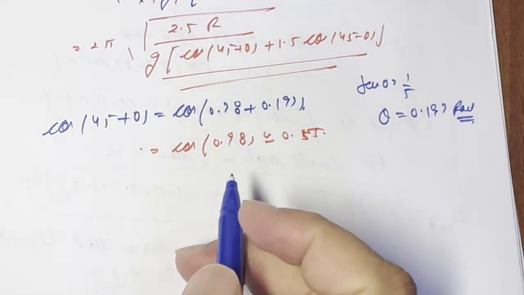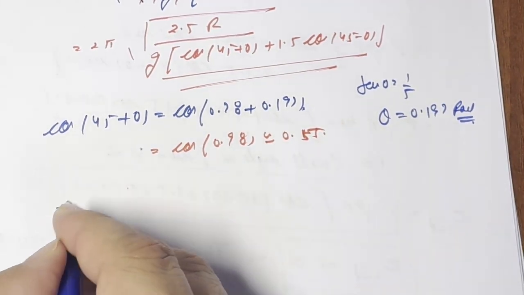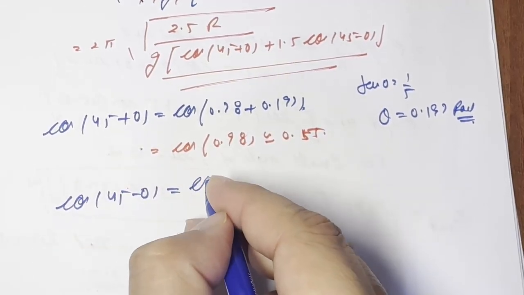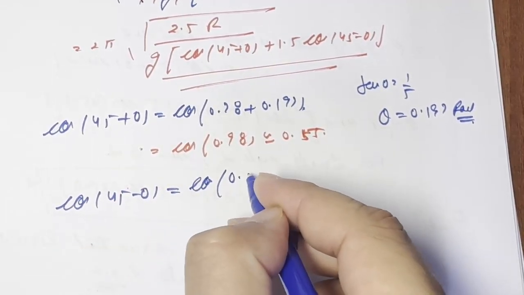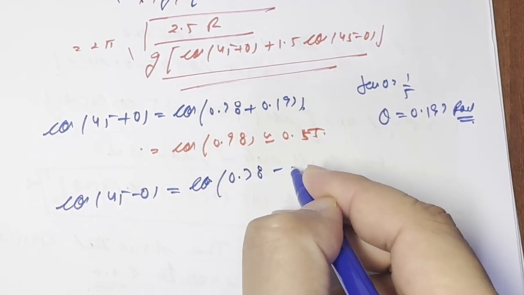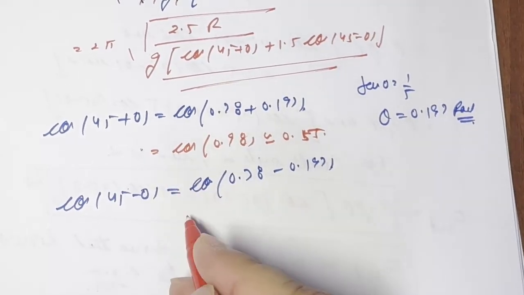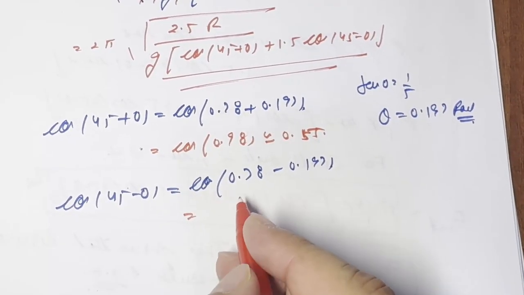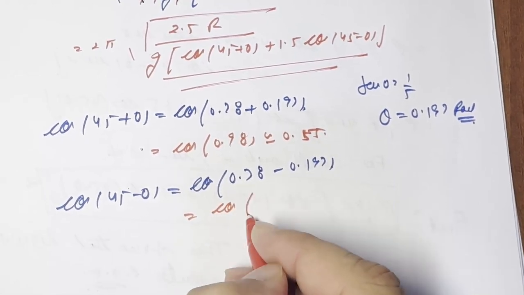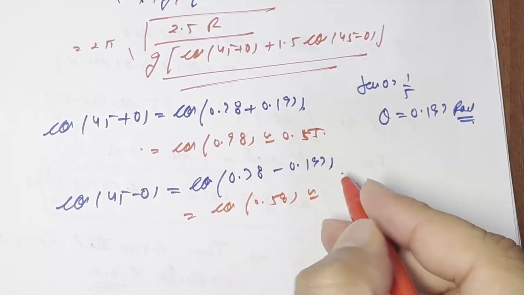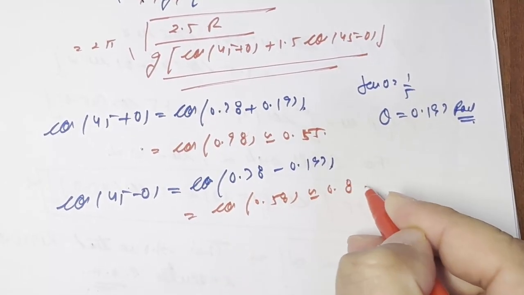And we find the next term, that is cos of 45 minus theta, so this becomes cos of 0.78 minus 0.197, equal to cos of 0.58, approximately equal to 0.83.